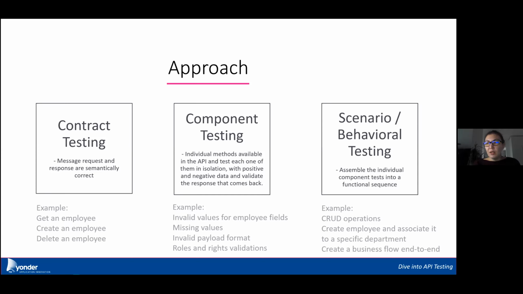But I want to make sure that it can interact with other systems and still work successfully. Or, also for this one, I can create flows as I do on the UI part, end-to-end flows to validate the entire functionality of my application. Okay, this is for the approach part.